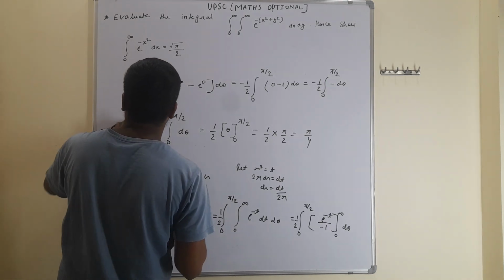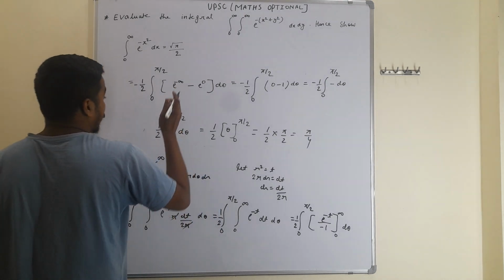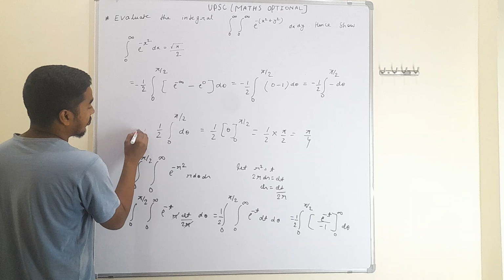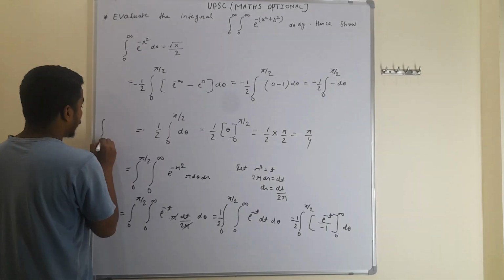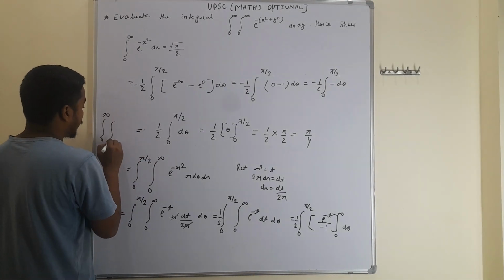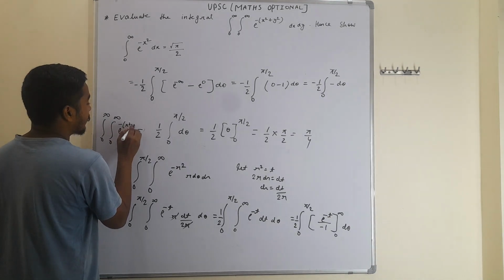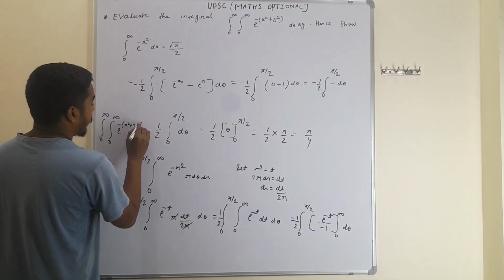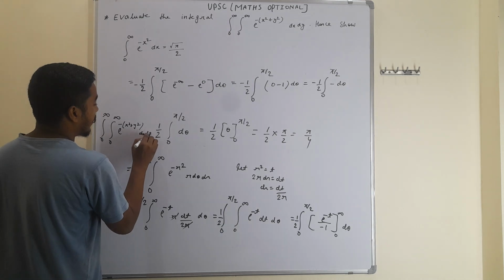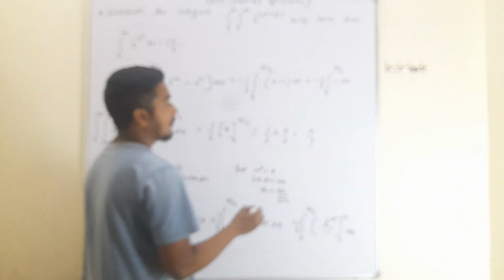Hence the value of the integral, 0 to infinity and 0 to infinity of e to the power minus (x square plus y square) dx dy, is pi by 4.